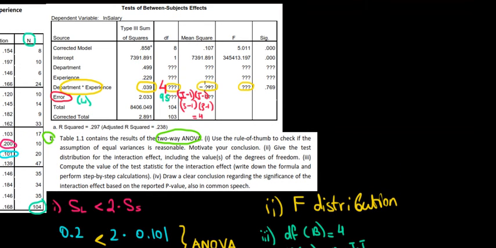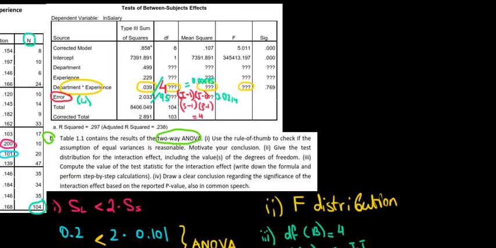The mean is the average, which means we divide the sum of squares by the degrees of freedom. So it's just computation. 0.039 divided by 4 equals 0.00975, and 2.033 divided by 95 gives us 0.0214. So we have the mean sum of squares.